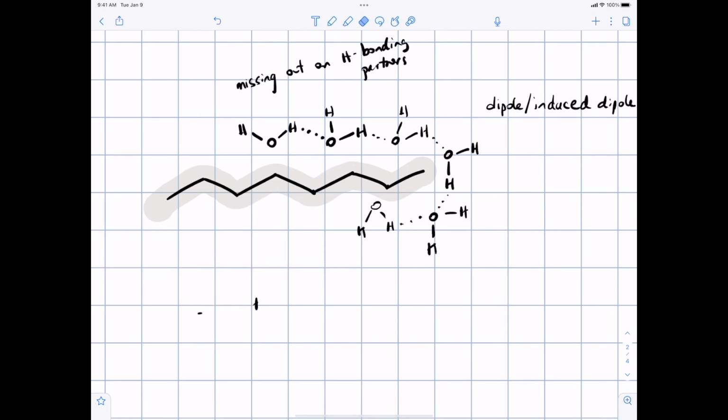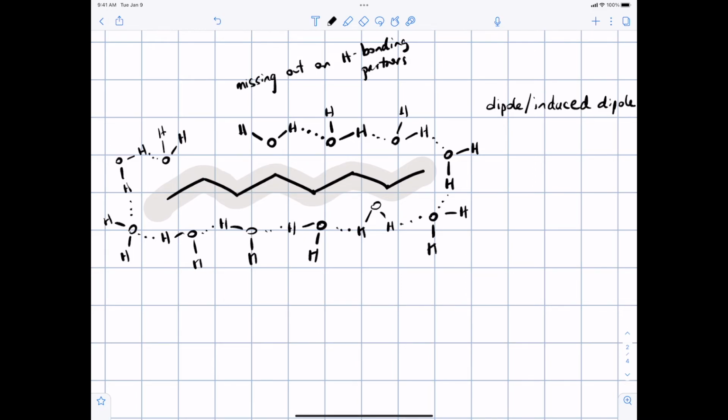So I'm going to continue to try to draw that. But the point is that the water molecules in the immediate vicinity of the nonpolar thing that we're trying to dissolve in it lose hydrogen bonding interactions, and as a consequence, try to maximize their remaining possible hydrogen bonds.